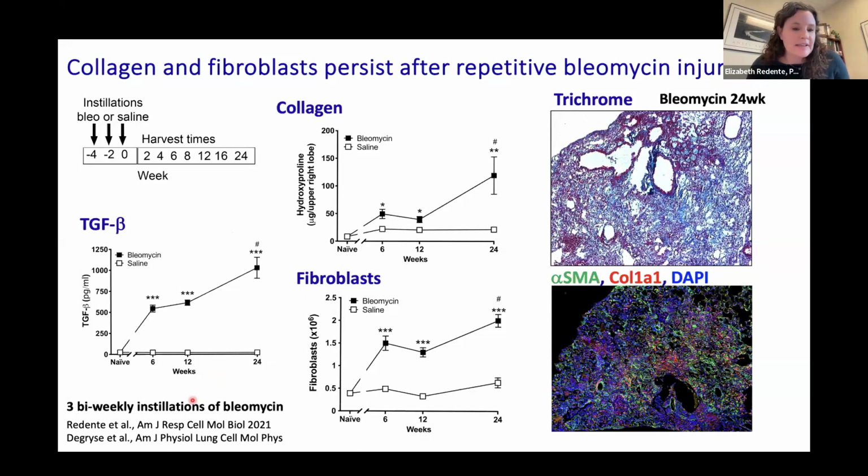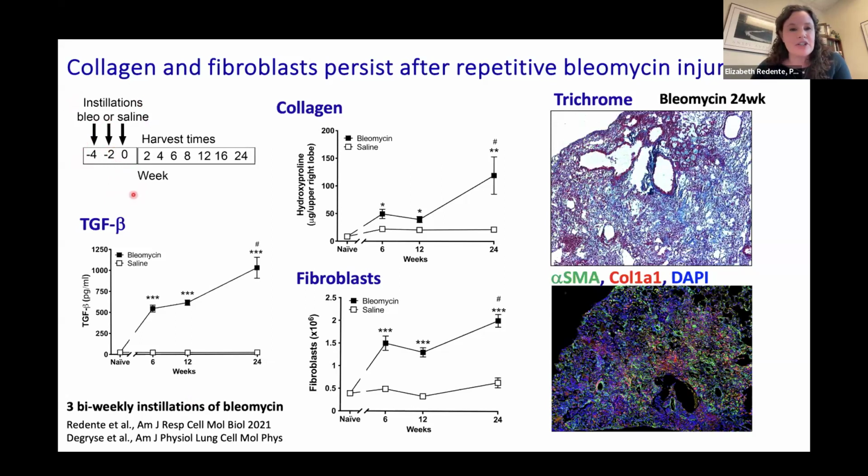Amber DeGrisi, in 2010, as part of Tim Blackwell's group, published a really beautiful paper using eight doses of bleomycin, so 8 installations, to develop this robust fibrotic response. We've since modified that down to 3 installations, partly for time and for ease in working with the animals. So the animals receive 3 biweekly installations of bleomycin.